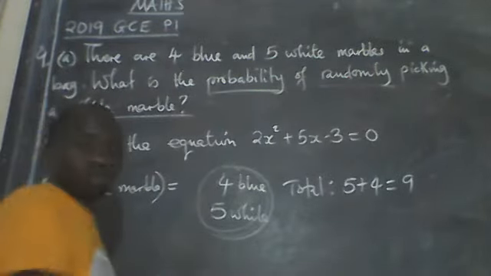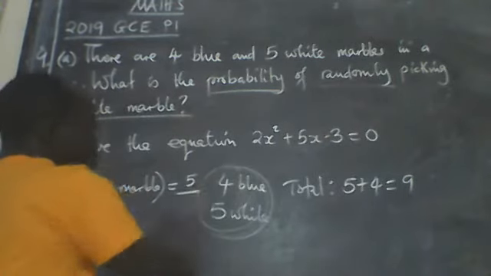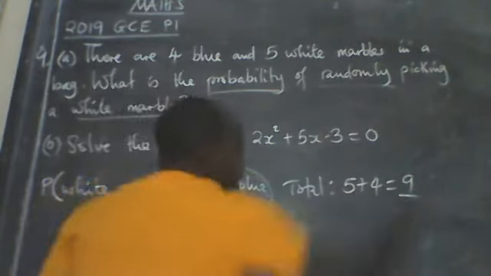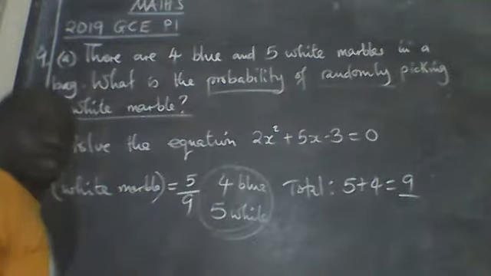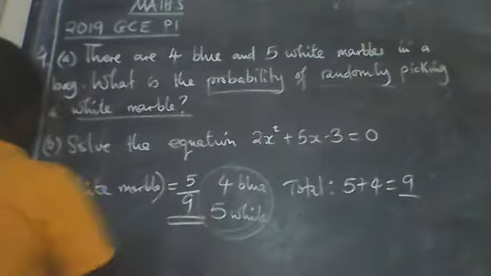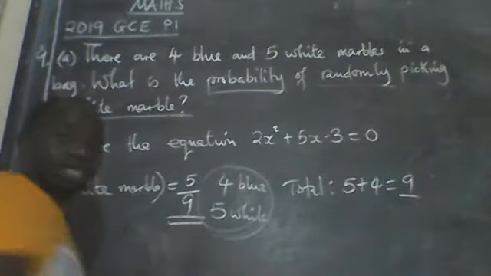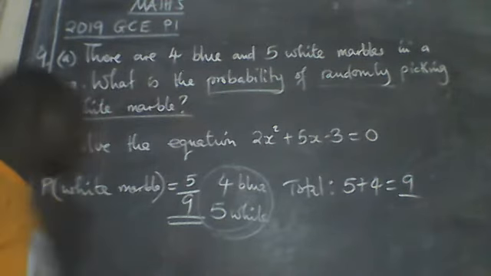There are how many white in this bag? There are 5, isn't it? So the chance is 5 out of the total, which is 9. So 5 over 9. Okay? So that is how to answer that one. So it's C, 5 over 9. The chance of picking a white marble is 5 over 9. Leave it there in fraction. Thank you.